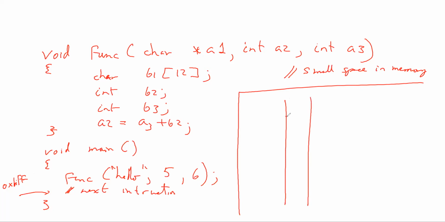Once we call the function, we just called it. We have the function instance, if you will, a frame. And now in here, we're going to store our data. So this is called a return address.